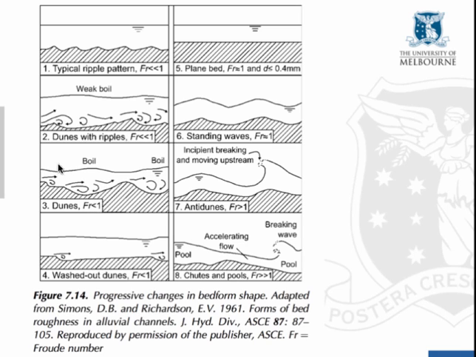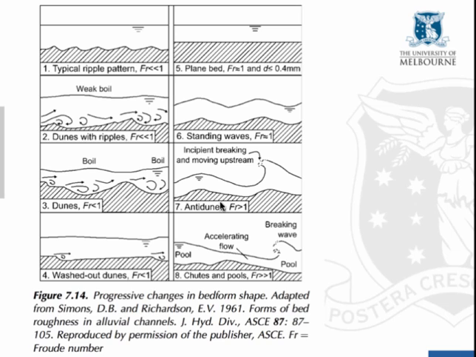And we see boils in the water. We see a dip in the water surface as it goes over the dune as a result of acceleration through here. So through Bernoulli, we get a reduction in the water level. Dunes become washed out at still higher Froude numbers, and then we reach the plane bed at around a Froude number of 1, and we quickly transition to standing waves, which are in phase with the dunes on the bed.